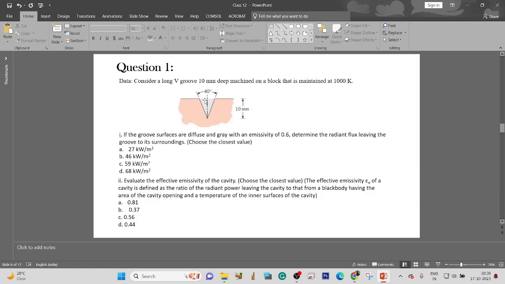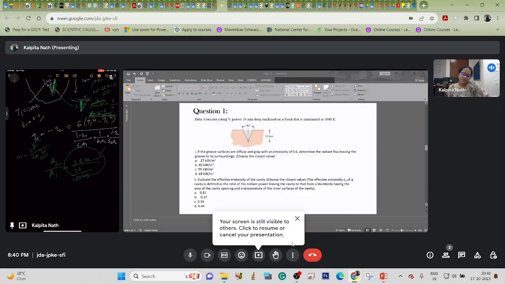So this we can directly put here and we can calculate Q1 upon A2. Only Q1 upon A2 we need, per unit area, the radiant flux, so heat that is radiating per unit area. So we can clearly calculate this. Okay, I'll give you 2 minutes to solve this and then we'll proceed with the solution.